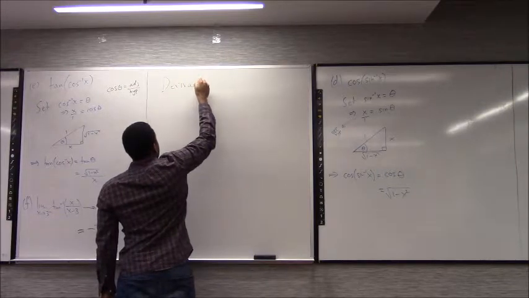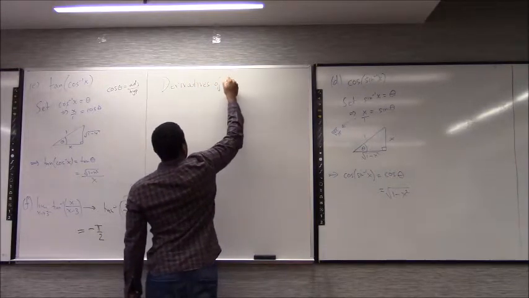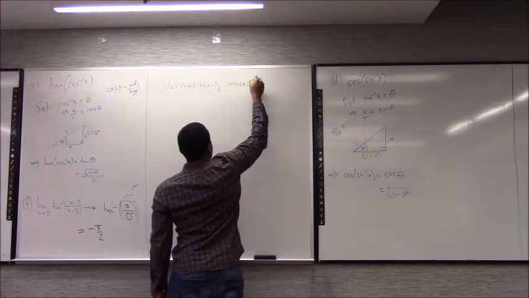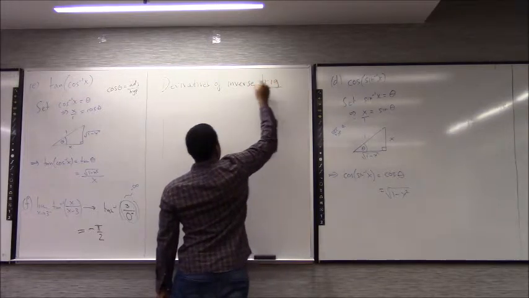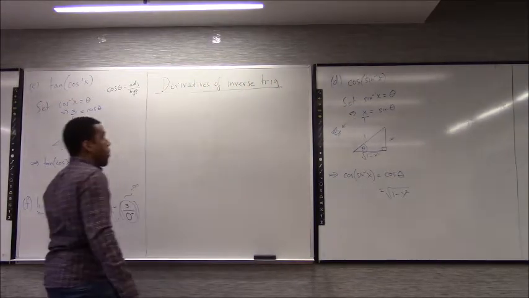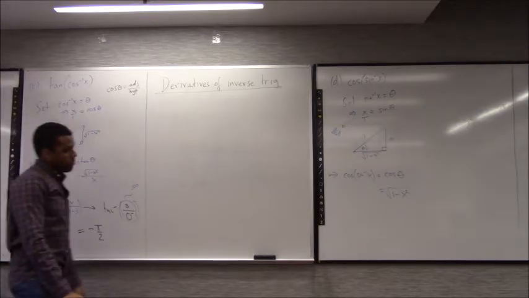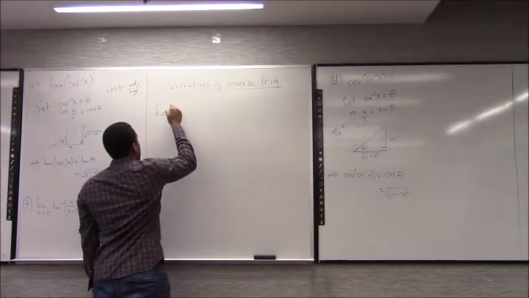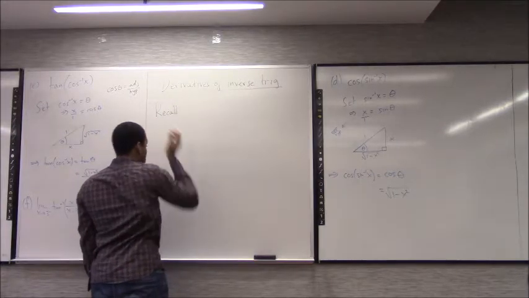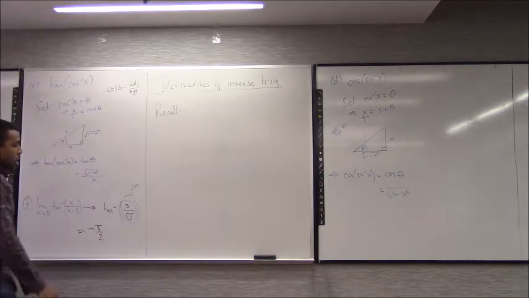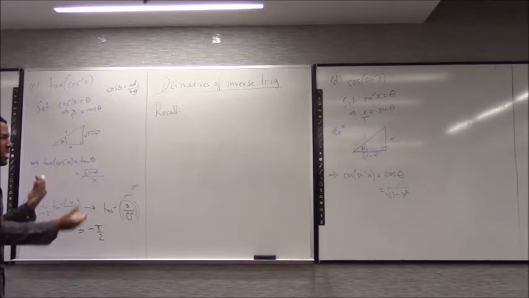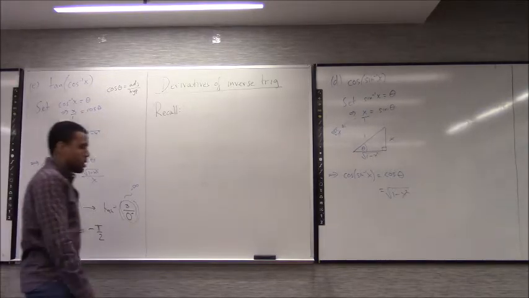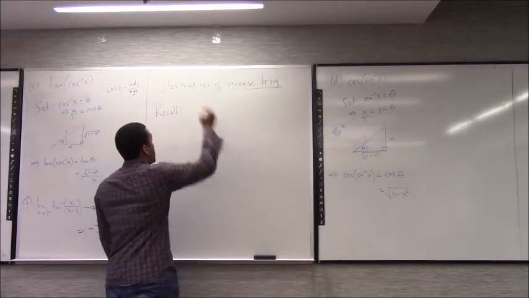So how about derivatives? Recall, we actually know how to take derivatives of inverse functions. We could just actually derive this from scratch, but it would be essentially recreating the same steps, so we might as well just use the form that we already have.